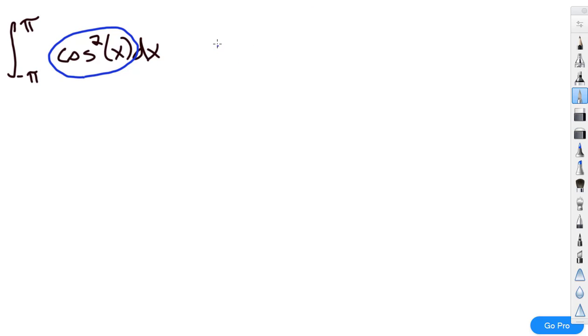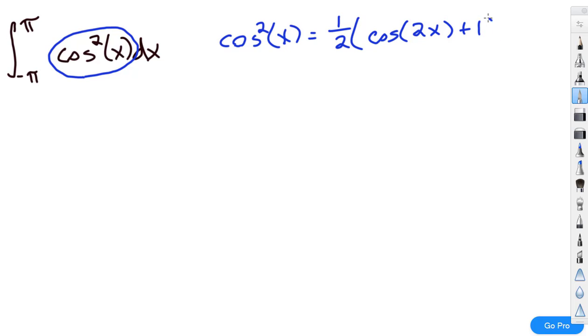When I look through my trig identities, what I see is that cosine squared of x can be rewritten as 1/2 times cosine of 2x plus 1. So I'm just going to rewrite this so it looks a little bit nicer.